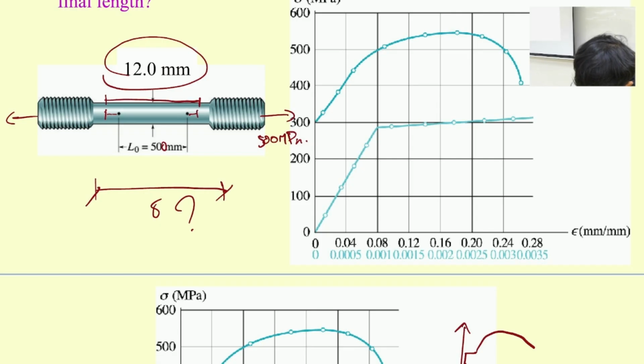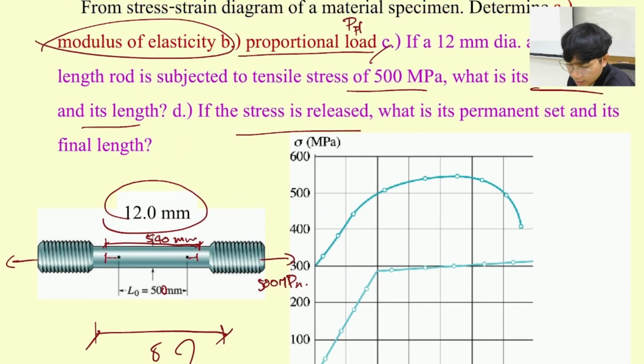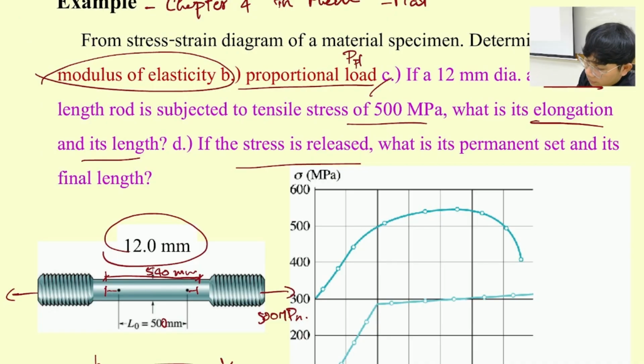Now the length over here is 540 millimeters. And then the next question they ask, what is the permanent set? If the stress is released, what is the permanent set and its final length?